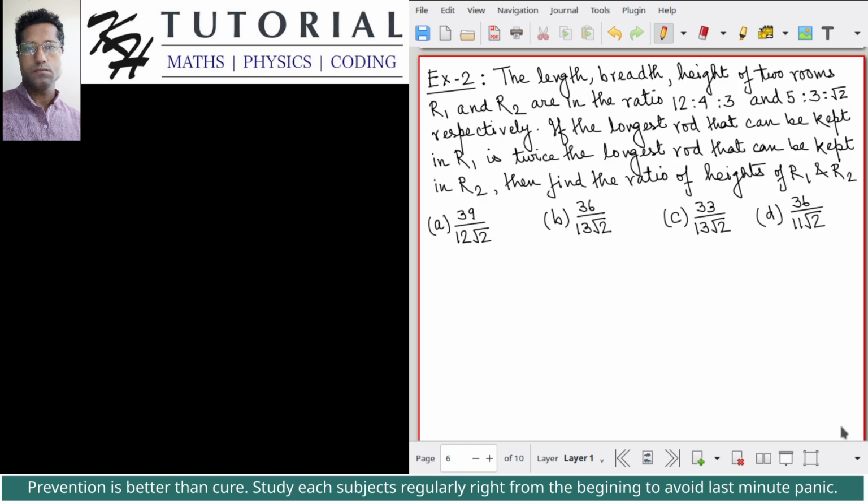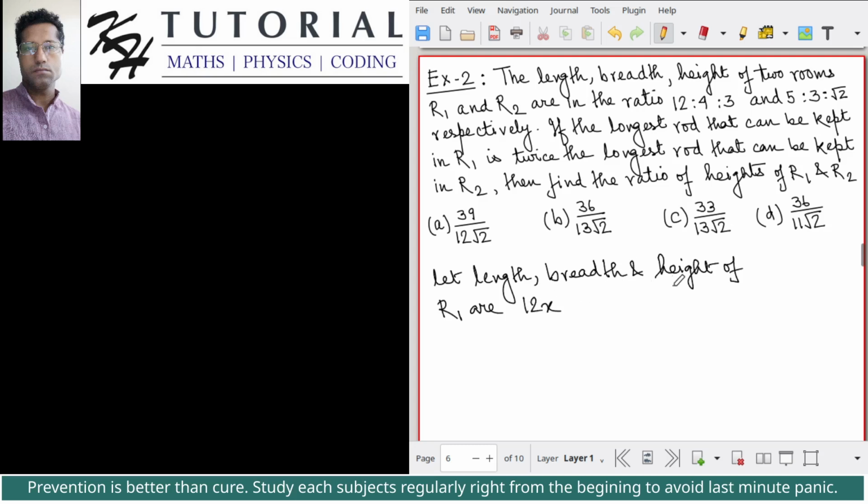So the ratio of length, breadth, and height of the two rooms are given. Now we will use the basic concepts of ratio and proportion. Since the ratio is given, let the length, breadth, and height of room R1, using the parts of the ratio, be 12x, 4x, and 3x respectively.